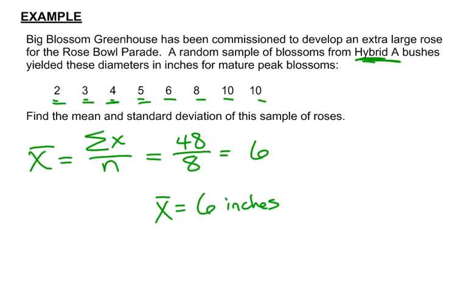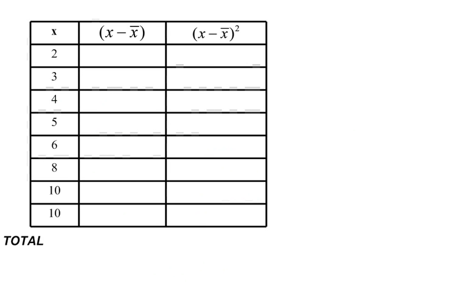So I've set up this little table for you here on the next page, and this will help you as we calculate the standard deviation by hand. You'll see that I've taken each of the individual measurements that we had and placed them in this column X. All of the values under this X are the actual measurements that we took of each individual rosebud.